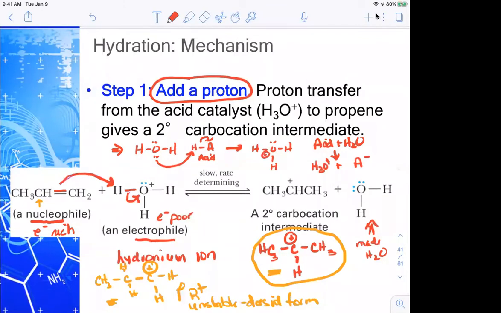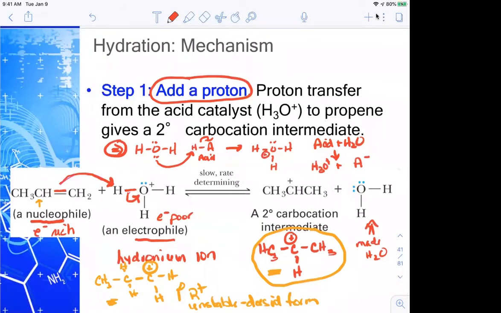And we know that primary carbocations are particularly unstable. So if I have a primary carbocation versus a secondary or a tertiary, I'm only going to form the secondary or the tertiary carbocation. And again, this is all the reason why we observe Markovnikov's rule in hydrohalogenation and also in this hydration.